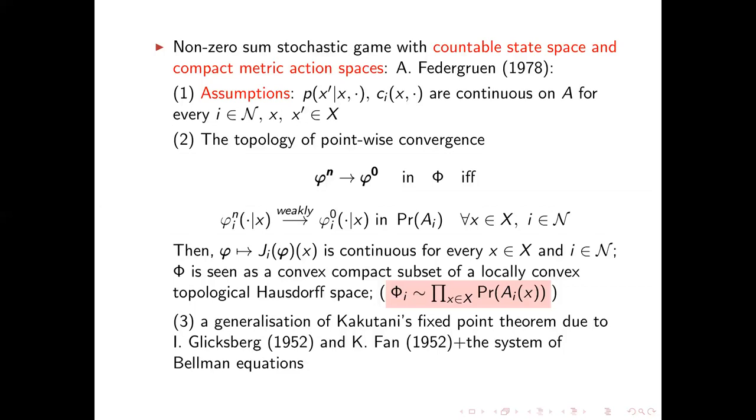Then again, he wrote the Bellman equation for each player i. Thanks to that, he was able to define the best response mapping, the Nash correspondence, and then he used the generalization of the Kakutani fixed point theorem given by Glicksberg and Fan. And then again, the dynamic programming principle helped to prove that this stationary profile of strategies is indeed an equilibrium in the set of all strategies of the players.